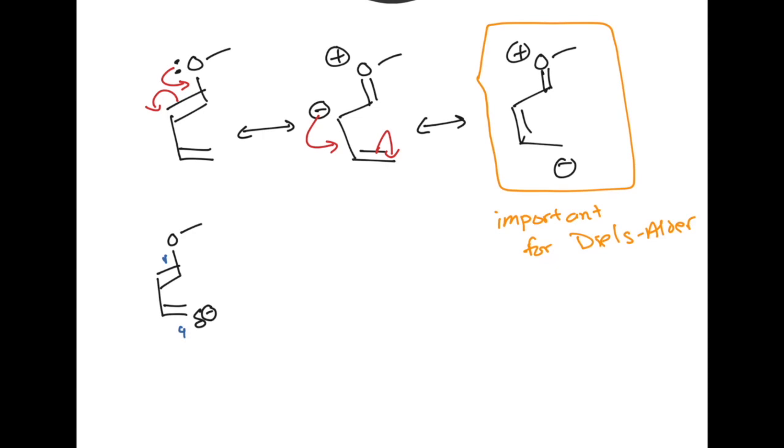Now, in all actuality, carbon 2 is also partially negative, but the fact that it's partially negative doesn't impact the Diels Alder reaction. So we really only care about this last resonance structure. So we can generalize this to say any electron donating group on carbon 1 is going to make carbon 4 partially negative.